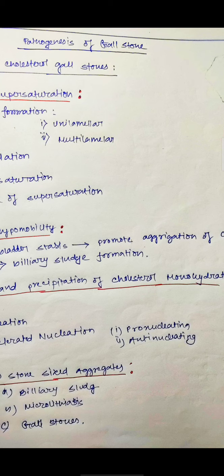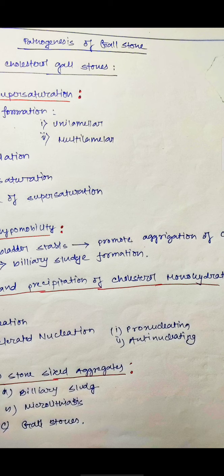In case of an increase in pro-nucleating factors, the pro-nucleating factors are mucin and non-mucin glycoproteins present in the bile. They trap the cholesterol monohydrate crystals and promote the aggregation of cholesterol crystallization.